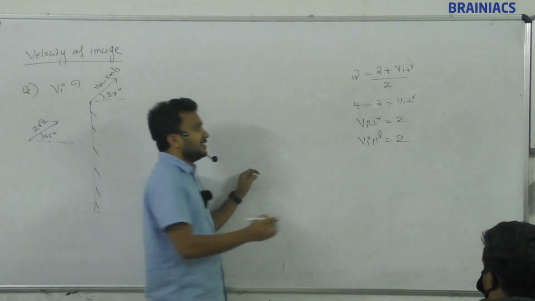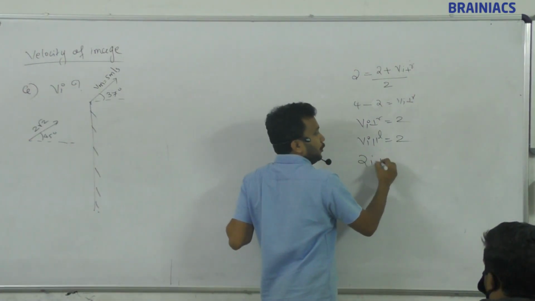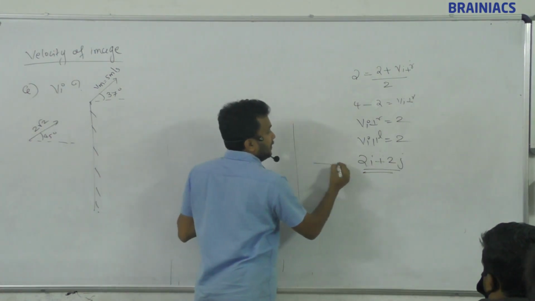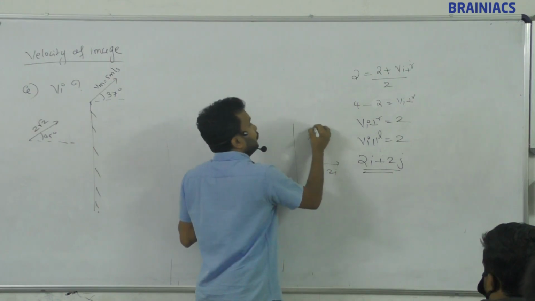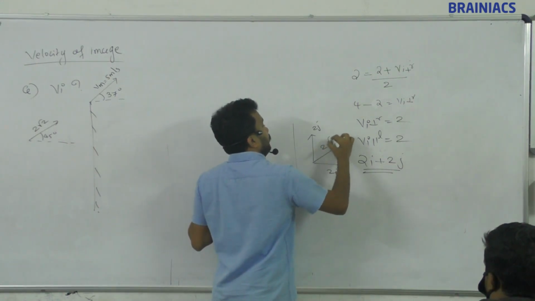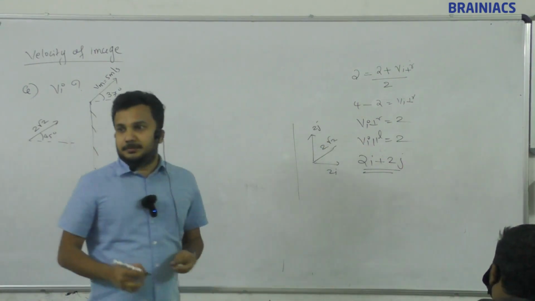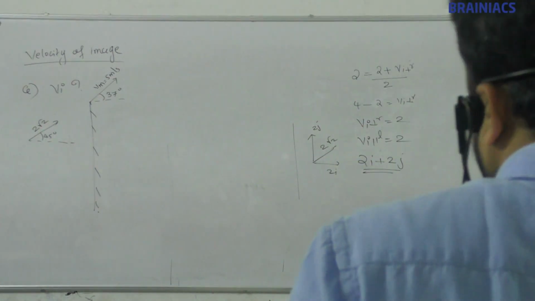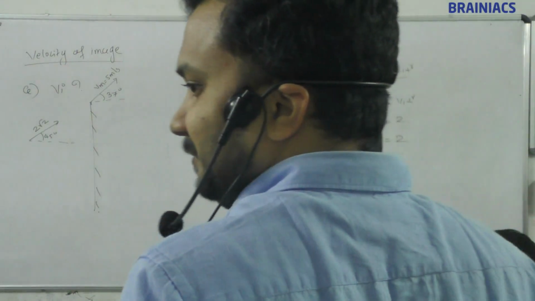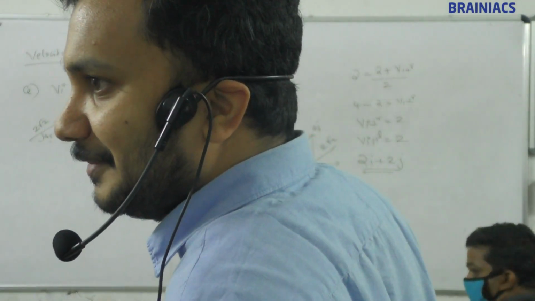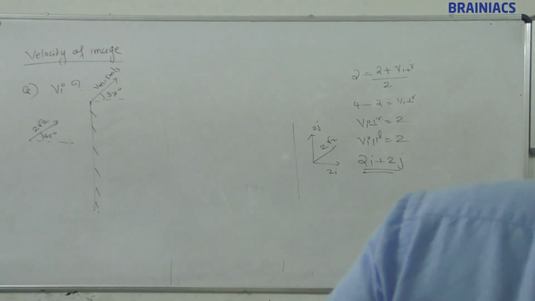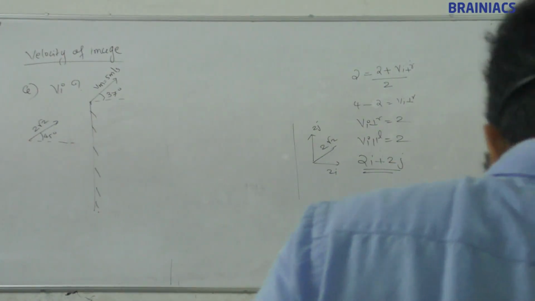What answer will come for the previous question? 2I plus 2J. Directions from the mirror: 2I, 2J, 2 root 2. The previous case, correct? Direction. How did you get negative? Okay, and the direction, sir. Okay. Clear? Clear.